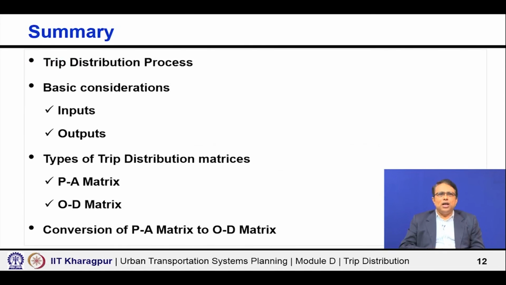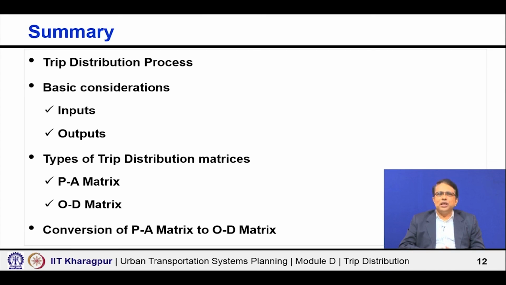In summary, I would say that we discussed in this lecture the trip distribution process, what we try to do and what we try to get, what are my inputs to this trip distribution process, what will be my outputs. Then the two types of trip matrices that we handle in this trip distribution context. One is the production attraction matrix, another is the origin destination matrix.